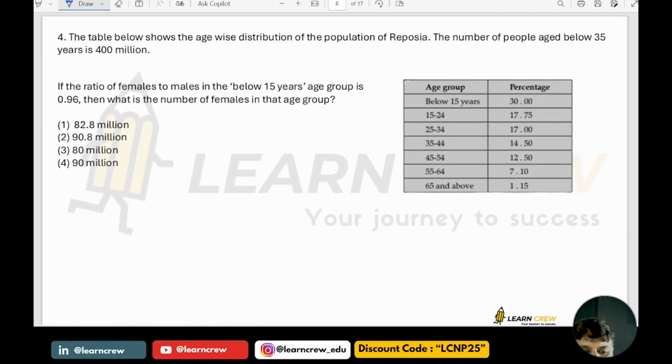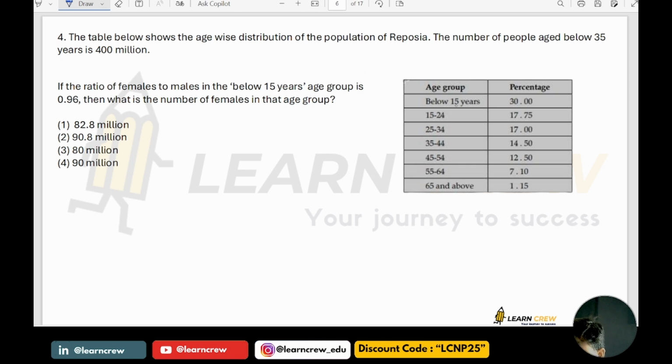Now, fourth question. Please see here. The table shows the age-wise distribution of the population. The number of people aged below 35 years is 400 million. If the ratio of females to males below 15 years of age is 0.96, then what is the number of females in the group?